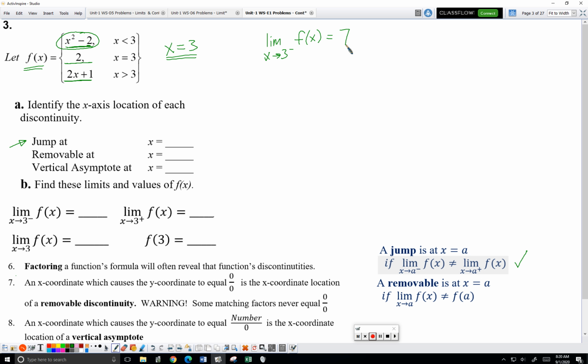So now I check the right-hand limit. Here's where I would, in your homework, make sure you're writing down the limit notation. They do require that on the written section of the test. Show me your hands, what's that? Let's go, Sam.